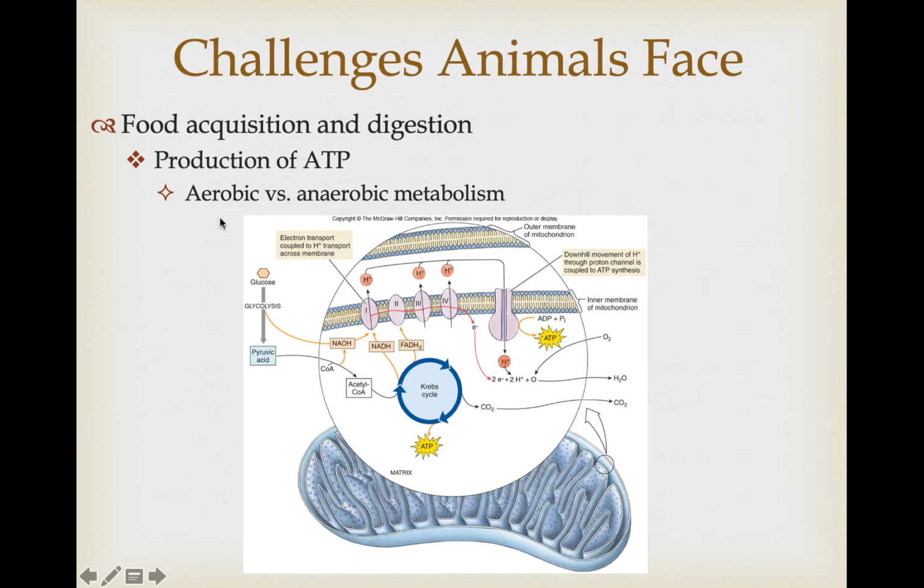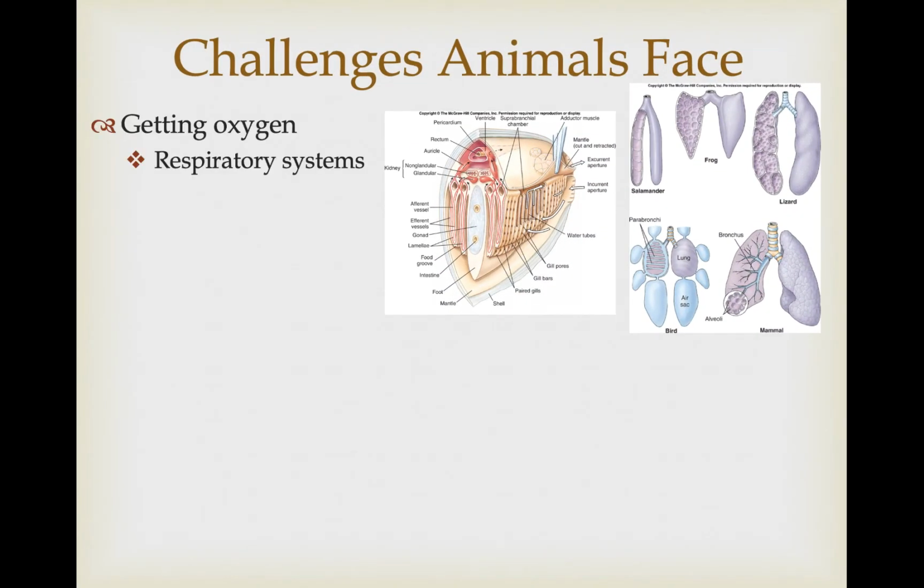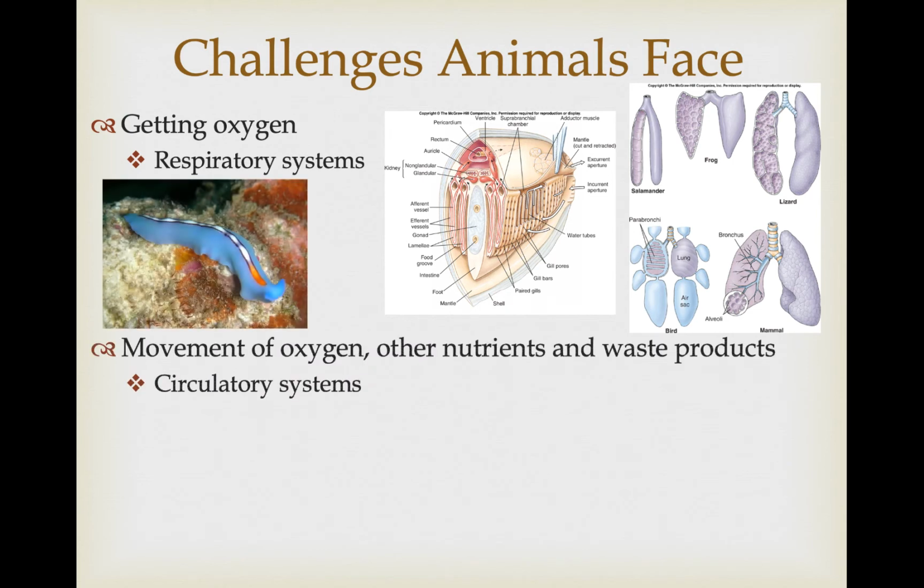You're getting more ATP with the same beginning molecule like glucose compared to anaerobic metabolism. But if you're going to have aerobic metabolism, you've got to have oxygen. And so we've already kind of covered this, the challenges of getting oxygen in terrestrial versus aquatic organisms and the various adaptations that they have. So we'll talk about that.